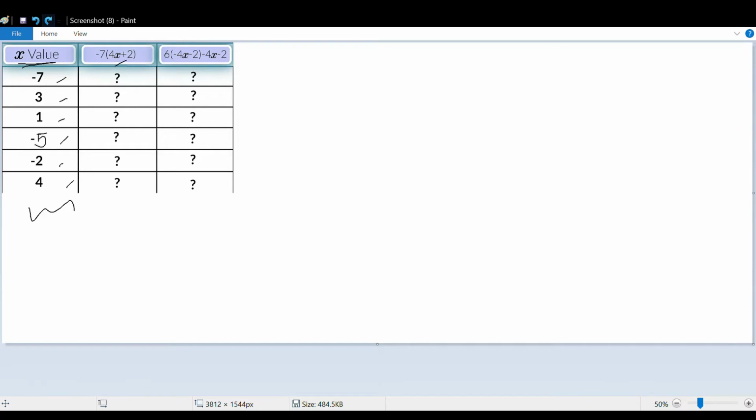Okay, so, sorry about that. Let's start with putting a -7 in both of these equations. Let's start off with the first one. We have -7 times the quantity of 4 times -7 plus 2.